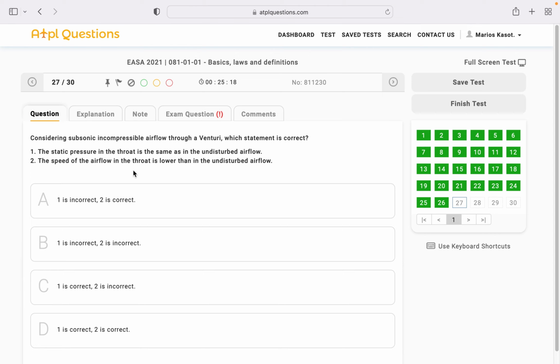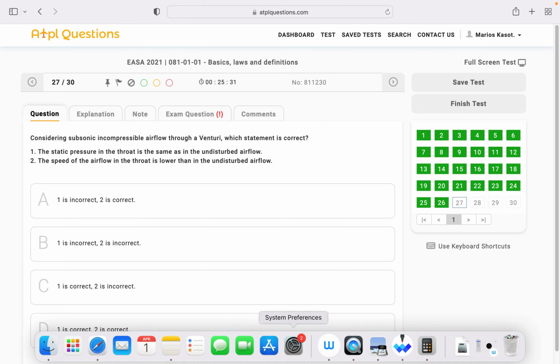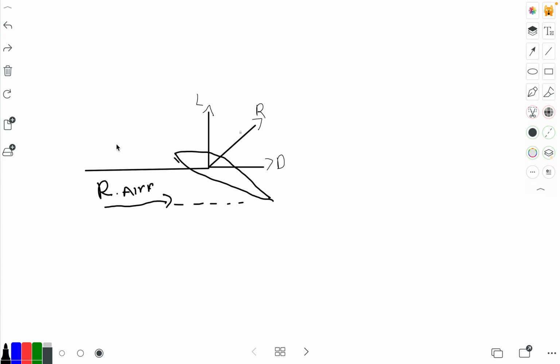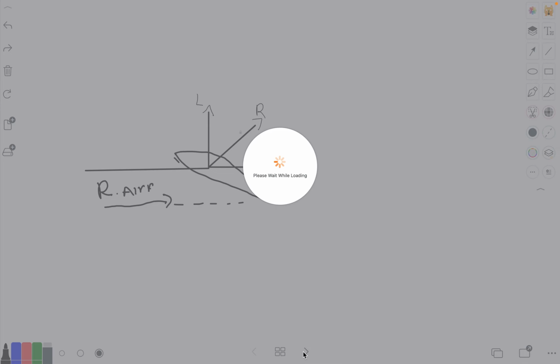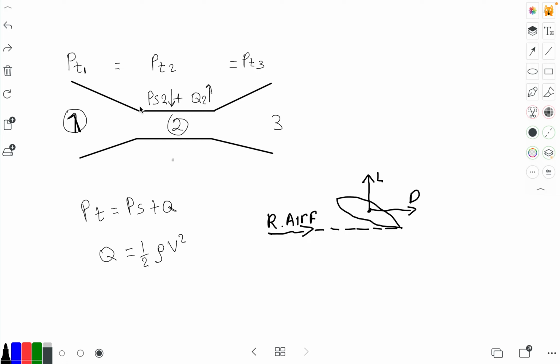Considering subsonic incompressible airflow through a Venturi, which statement is correct? The static pressure in the throat is the same as in the undisturbed airflow. Doesn't sound right at all. Of course not, because let's draw it somewhere like here.